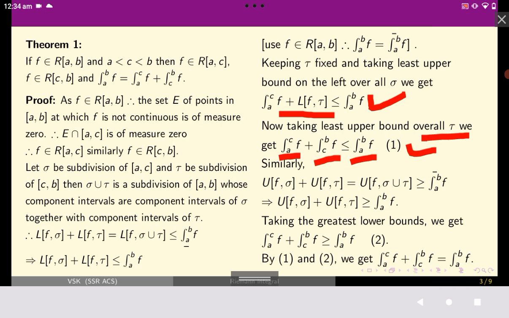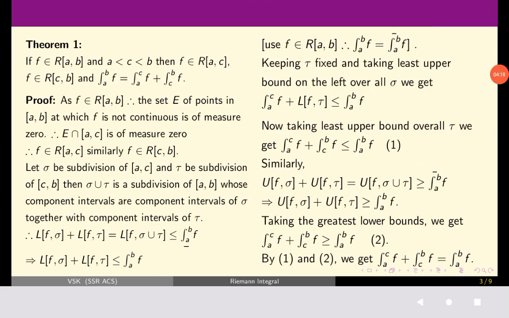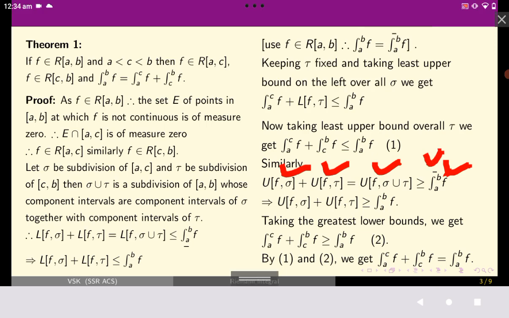It is very easy. Similarly, in place of lower sums, if we start with the upper sums, we get that the upper sum of f with respect to sigma plus the upper sum of f with respect to tau will be the upper sum with respect to sigma union tau, which is greater than or equal to the upper integral of f over [a, b], because we know the upper sum is always greater than or equal to the upper integral.